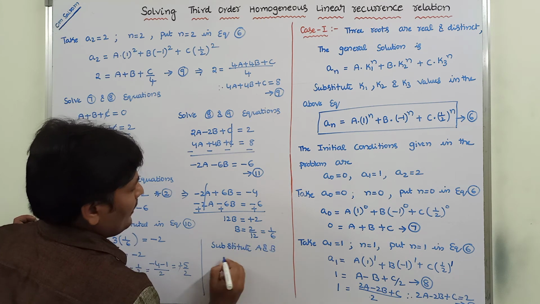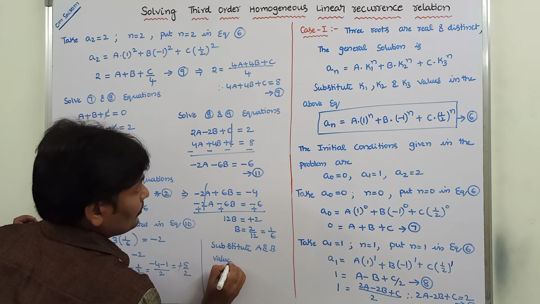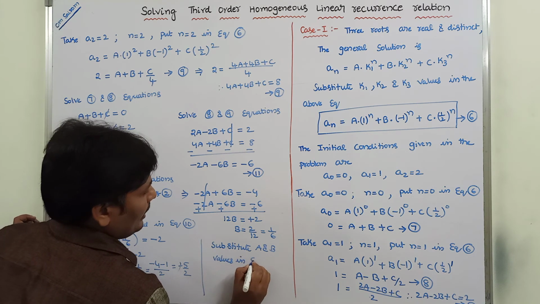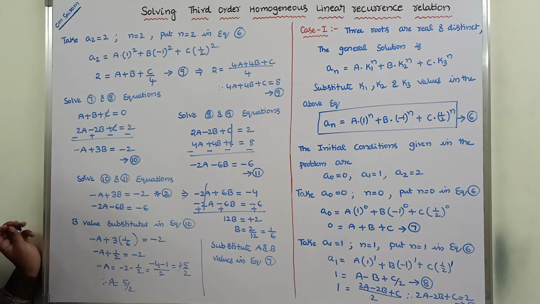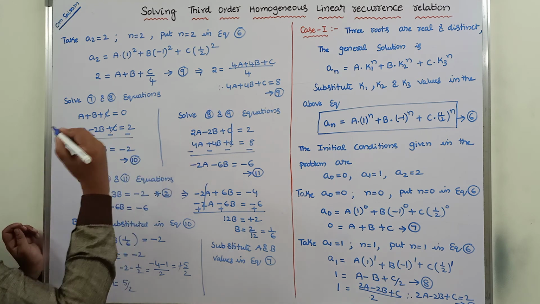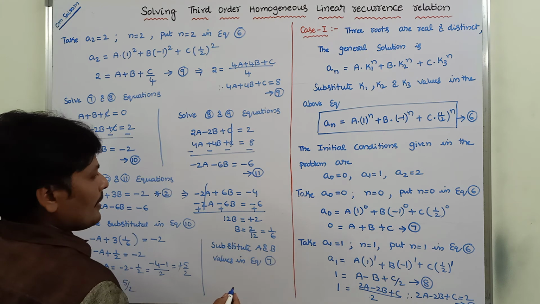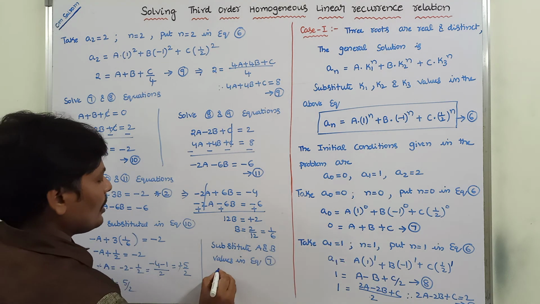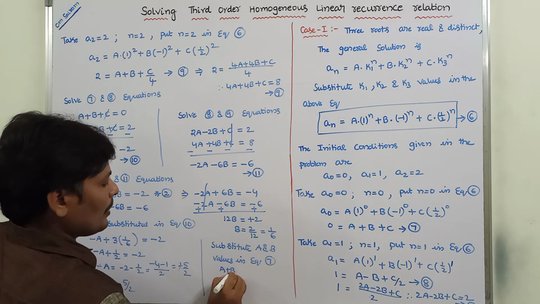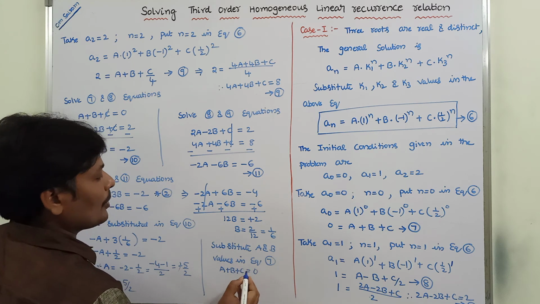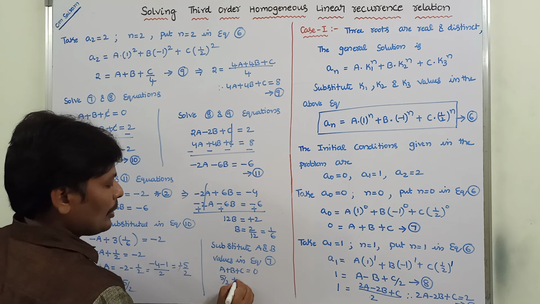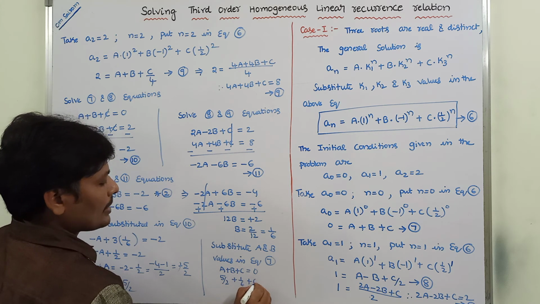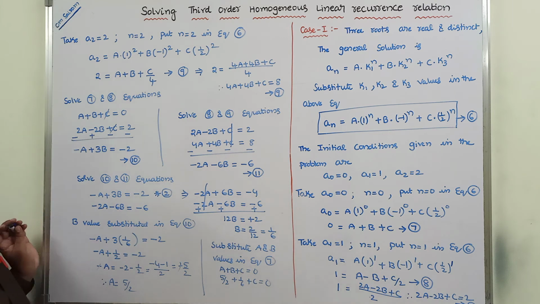So what is equation 7? A plus B plus C is equal to 0. What is A value? A value is 5 by 2. B value is 1 by 6. Plus C is equal to 0.